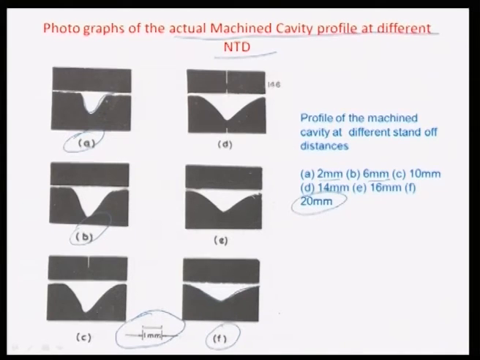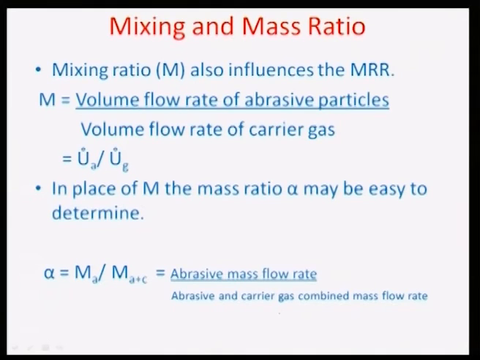So I already discussed in great detail the mixing ratio and also its influence on the material removal rate of the process. The mixing ratio, as I earlier defined, is given by this quantity here: the volume flow rate of abrasive particles divided by the volume flow rate of the carrier gas.